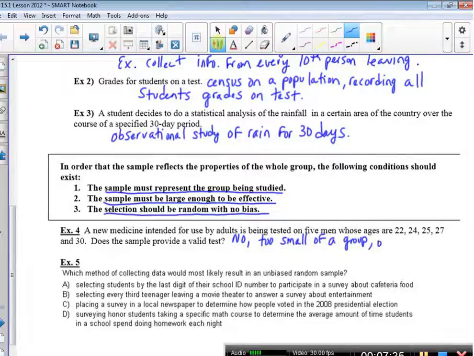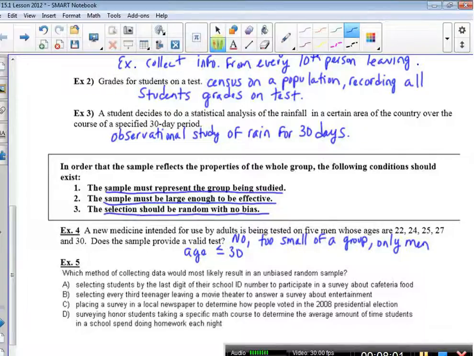Only men, that's a bias, and they're all under the age of 30. Actually, they're less than or equal to 30. So there's a couple of issues there. It's really not representative of the group being studied, which you would think would be maybe a larger group of people.